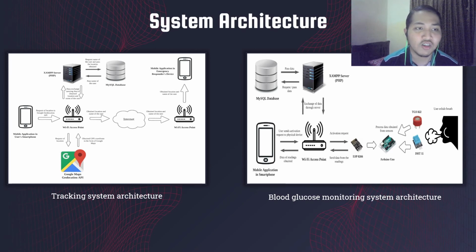Once it is stored, the data will be fetched through the internet and displayed for the emergency responder on their device. So they will see the location of the victim, of the user, if they are having an emergency.